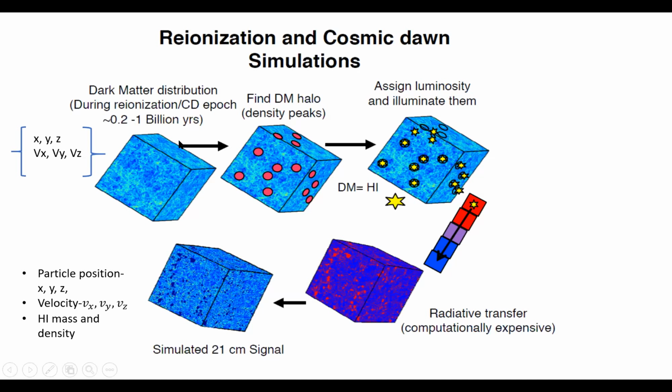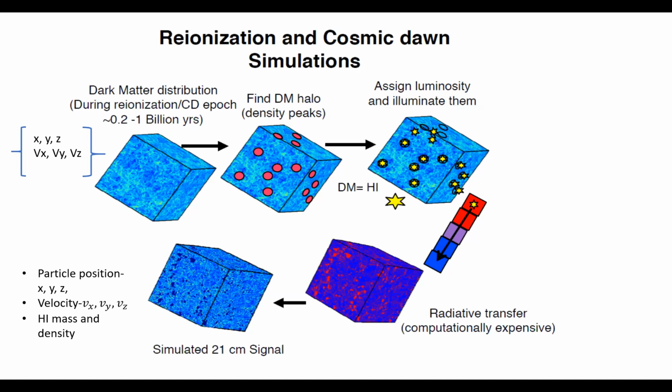And then you have an algorithm that helps us to identify the dark matter halos. By dark matter halos, we mean the locations where you have a higher number of dark matter particles compared to the surroundings. And there is a prescription for how to identify those high density regions.